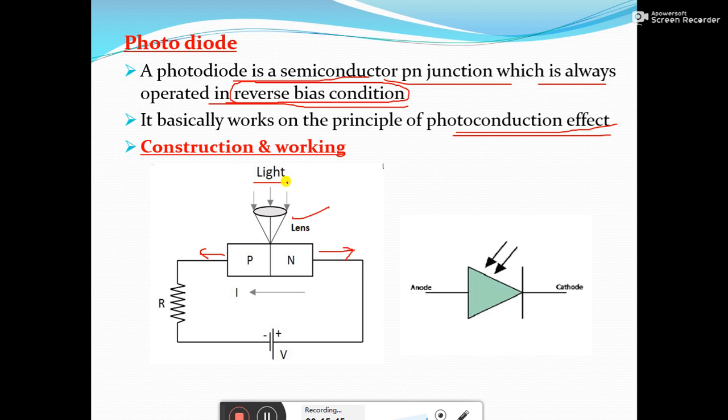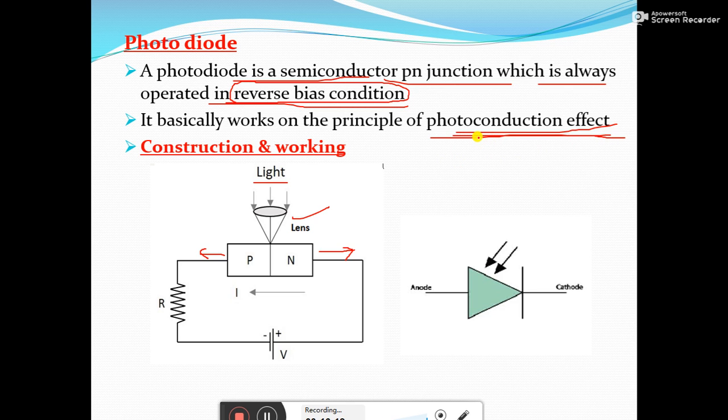Whenever photons or light rays strike this depletion region, they give energy to these ions and generate electron hole pairs. As we saw in the photoconduction effect, whenever the junction is exposed to light energy, more electron hole pairs are created.